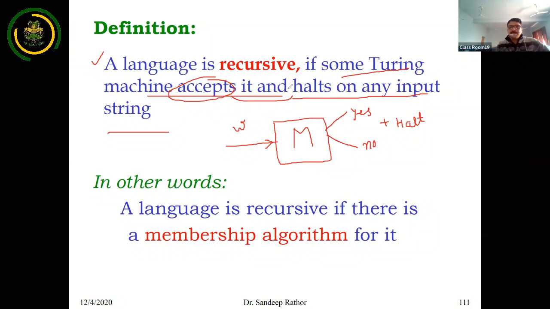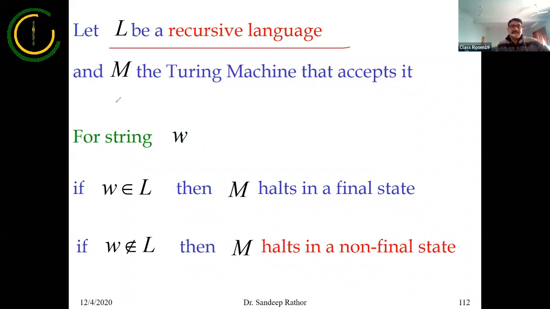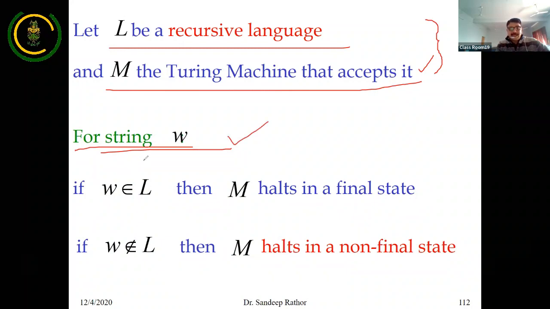Another point is, we can say the same thing in mathematical form. If a language L is a recursive language, then there is a Turing machine M that accepts it. These lines are taken from the basic definition of recursive, and we can represent the same thing with a mathematical statement. For the string W, if W belongs to L, then M halts in a final state.